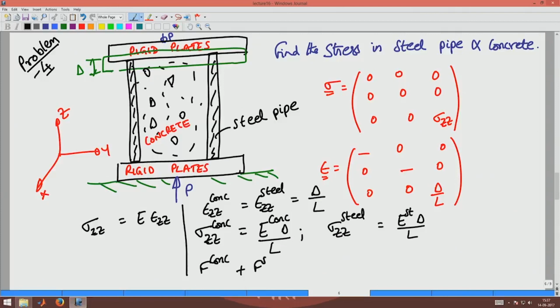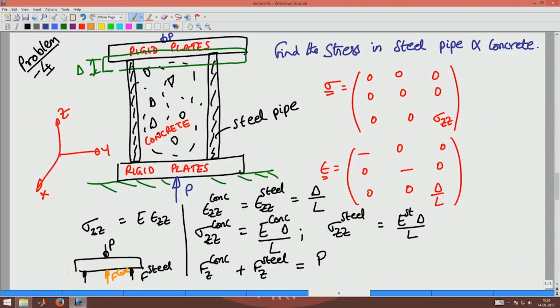The axial force F steel in the steel and F concrete in the concrete should add up to give me the force P, because my rigid plate has this force P coming in there and there is this force F steel and there is the force F concrete.